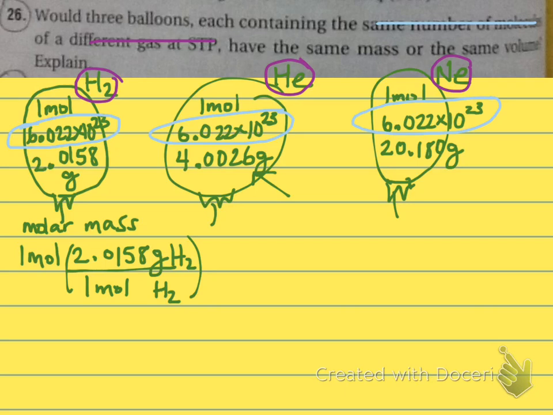So first off, the mass part of this. Here's one mass, here's the other mass, here's the other mass. So is their mass the same? The mass is not the same.